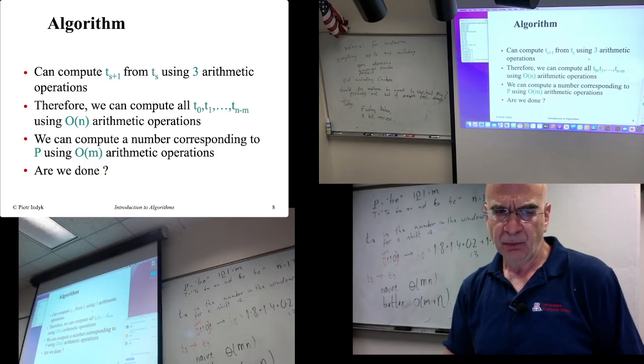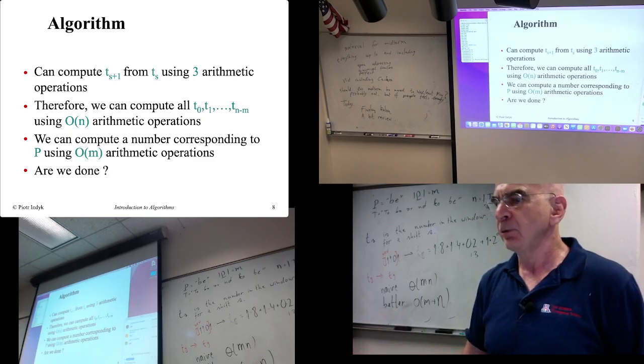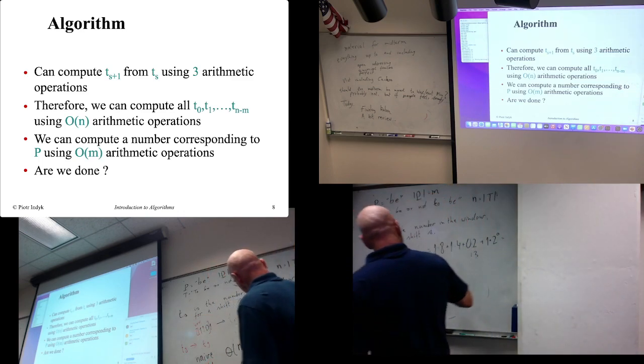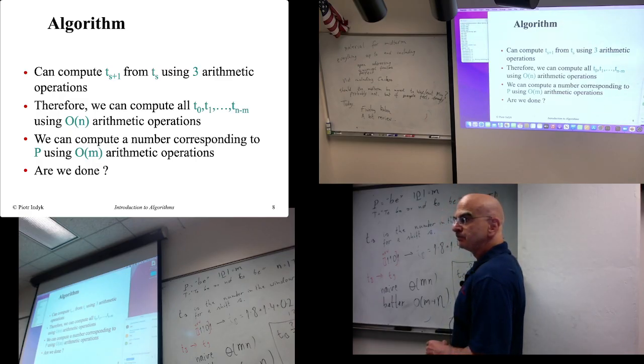And yeah, so three arithmetic operations. So it looks like I can compute the new value in constant time. All happy. And of course, after I take t of s, I'll ask: is t of s equal to small p? What is small p?